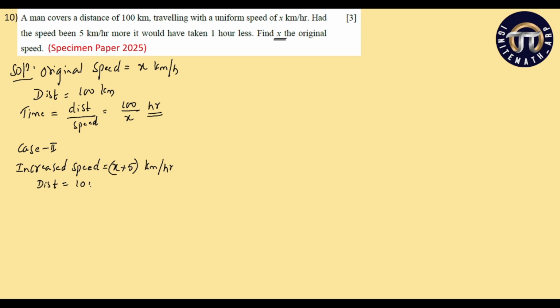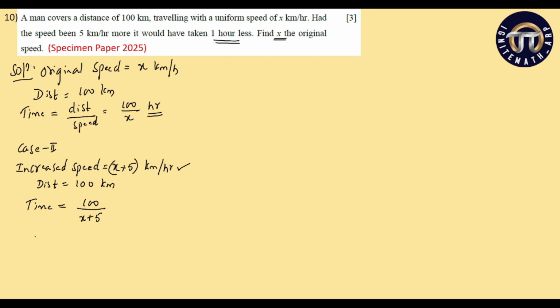Distance is equal to 100 kilometer. Then time taken, distance won't change, so 100 by x plus 5. In the second case, he is going with more speed, so obviously he is taking less time. So more time minus less time you have to do. What is the difference? It is 1 hour less. Now it is given in terms of hour. So what do I do?